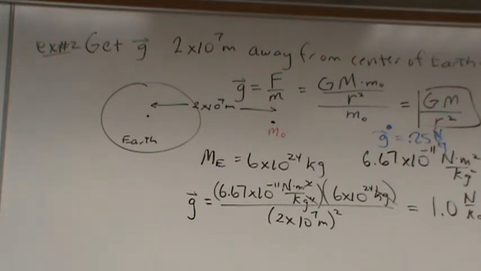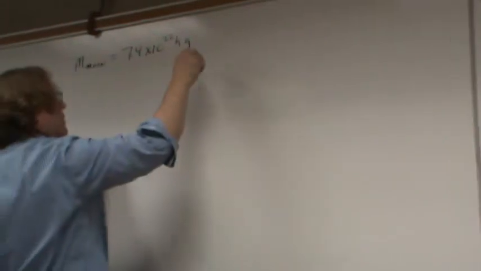All right. Here we go. The mass of the moon is 7.4 times 10 to the 22 kilograms.